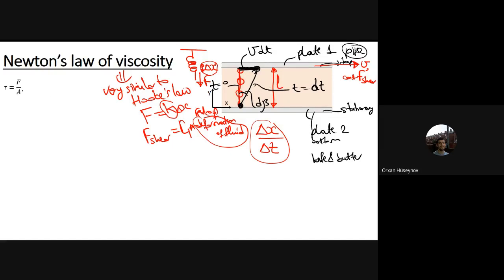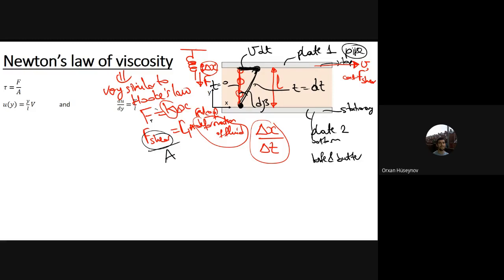So he says that now, with a similar approach to Hooke's law, tau is F by A. Instead of taking the shear force, he takes shear force by area, which is shear stress. And he knows that the velocity changes linearly from this location to that location.